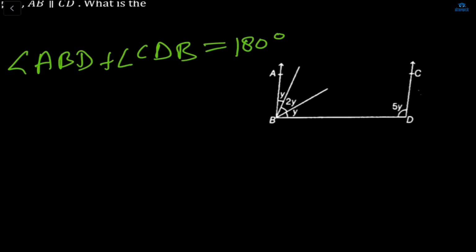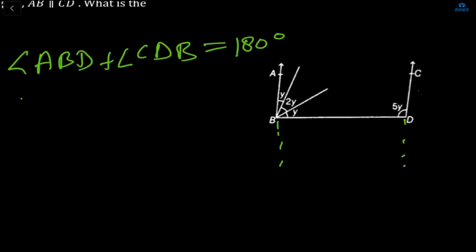Was that theorem number 3 or theorem number 4? Theorem number 3. These two angles are on the same side of the transversal, so the sum will be 180 degree.